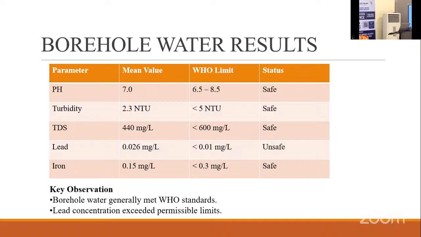Then the TDS, the total dissolved solids, we had 440 milligram per liter as the average. When compared with the WHO standard of less than 600 milligram per liter, it is safe. Then lead. For the lead, we have 0.026 milligram per liter. When compared with the WHO standard, it is supposed to be less than 0.01 milligram per liter. Hence, it is unsafe.